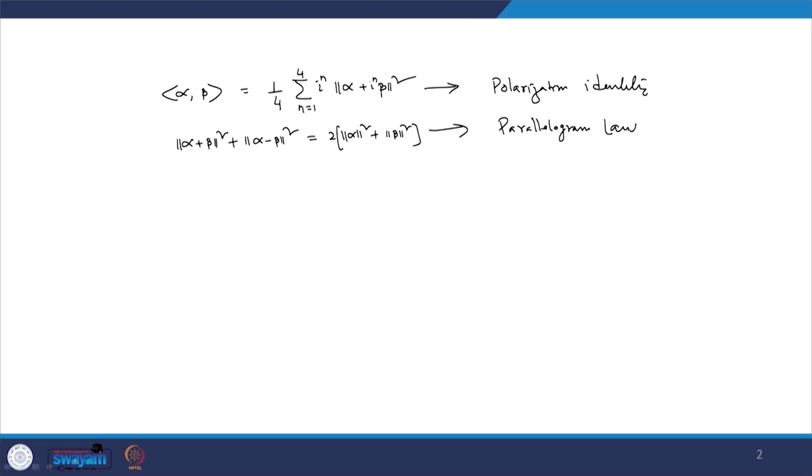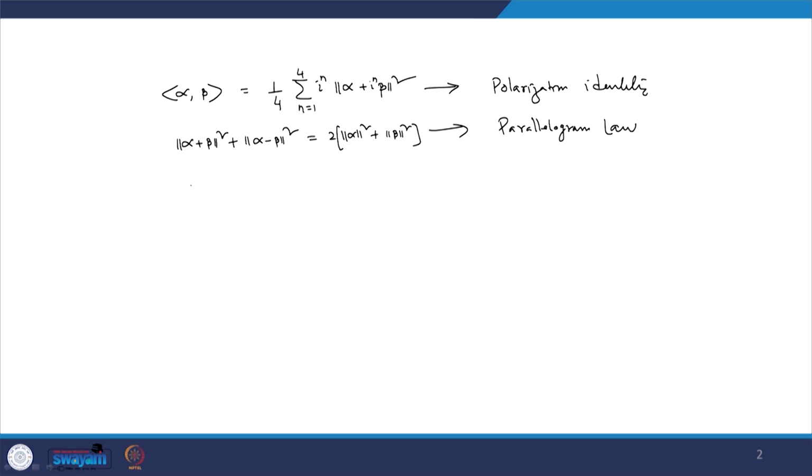Here the norm is induced through the inner product and it satisfies the parallelogram law, and the inner product of two vectors satisfies such a polarization identity. Later, when you study mathematical analysis, you will see that the norm can be introduced in different ways, not only through inner products. Then this parallelogram law will tell you that it is satisfied only when the norm is induced through an inner product.